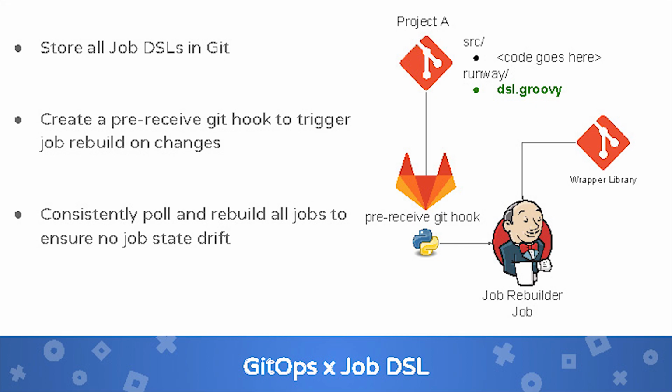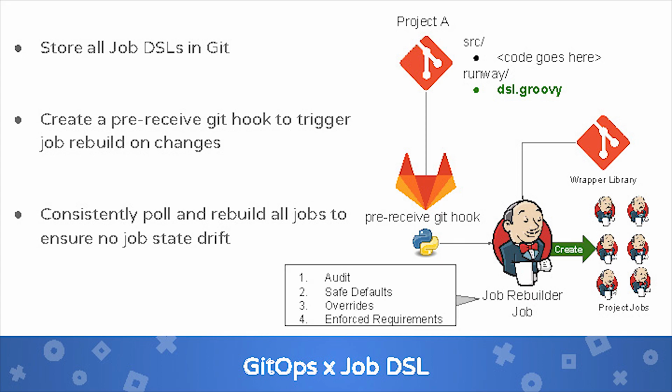But assuming we did have a pre-receive, some Python script will probably see the change, run some code, and trigger a job rebuilder, pull in the wrapper library, take what is defined in the repo plus the wrapper library to ultimately create however many Jenkins jobs you defined, right? And now you have them all defined in the repository. The beauty of this job rebuilder is that it's auditable. You'll know who changed it, when it changed.